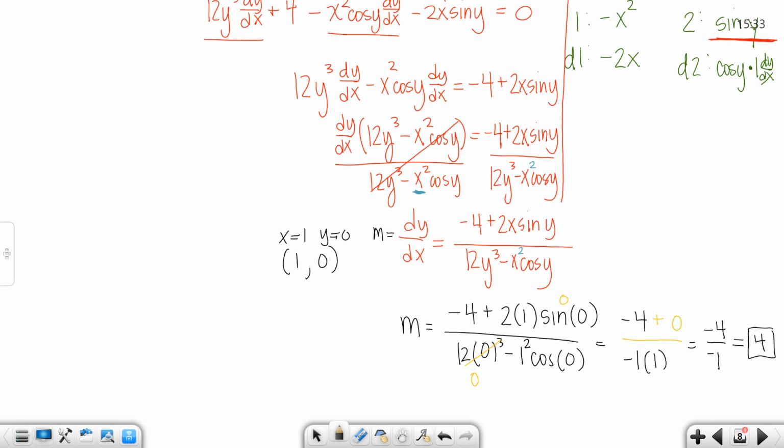Now you'll say, wait a second, you said negative 1 squared was negative 1. Technically, this particular symbol here means the negative of x squared. Well, that means negative 1 times x squared. So when you actually put that 1 in there, this is how it looks.